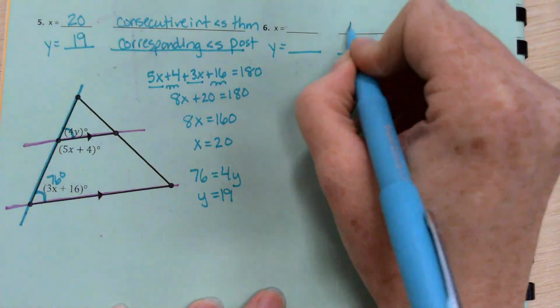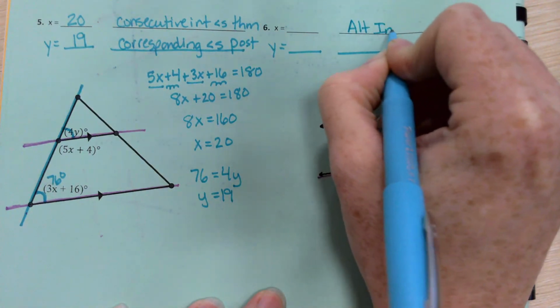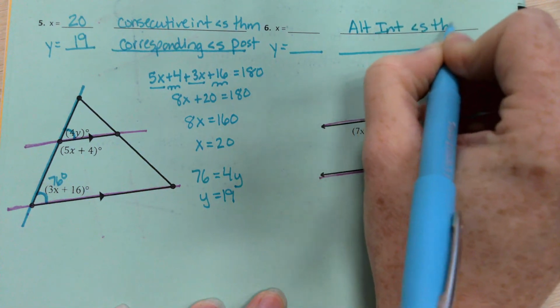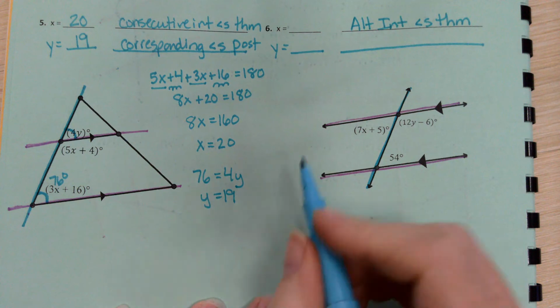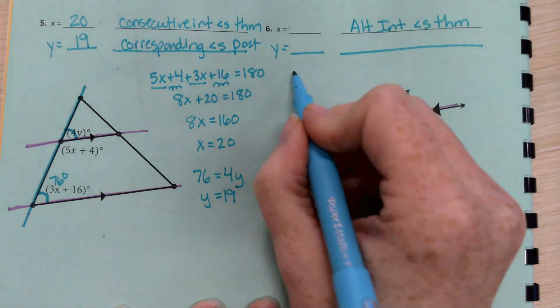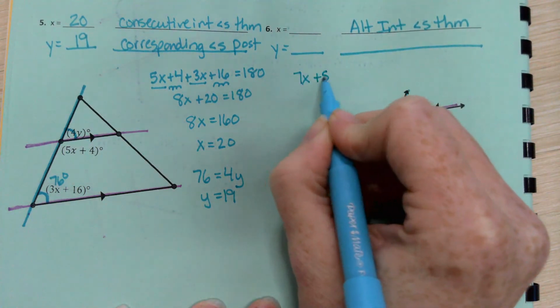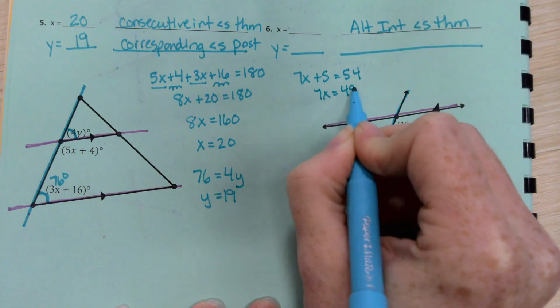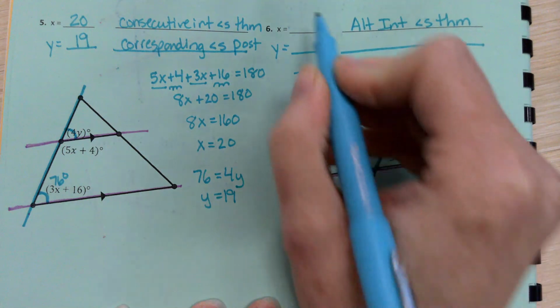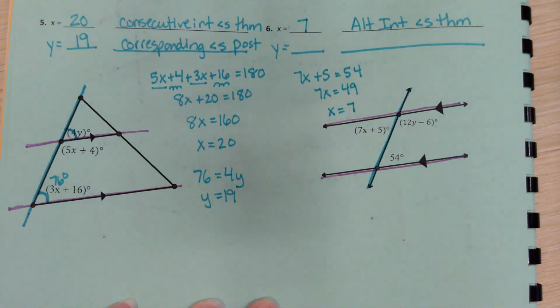So that means we're thinking alternate interior angles theorem, which tells us those angles are congruent. That means 7x plus 5 equals 54. Subtract 5 from both sides and divide by 7, and x turns out to be 7.